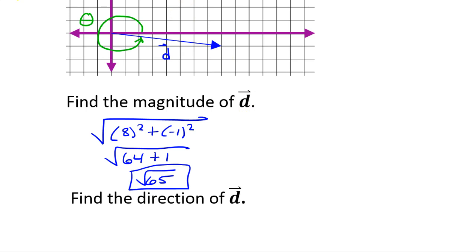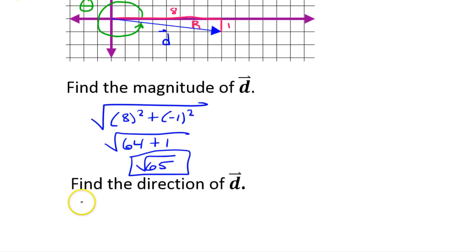Now in order to find that angle, I have to start with the reference angle, which I will call R. Looking at the components, this is 1 and this is 8. Looking at the triangle that's formed here, the tangent of the reference angle R is going to be 1/8. So therefore, R is going to equal the inverse tangent of 1/8.